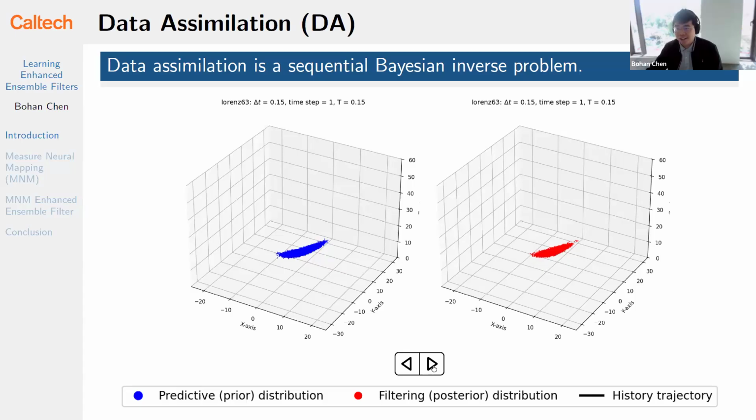Here I have a visualization. This is the Lorenz-96 problem, and it is 3-dimensional. Here, the left panel is the prior distribution, and the right panel is the posterior distribution at each time step. We can see the visualization.